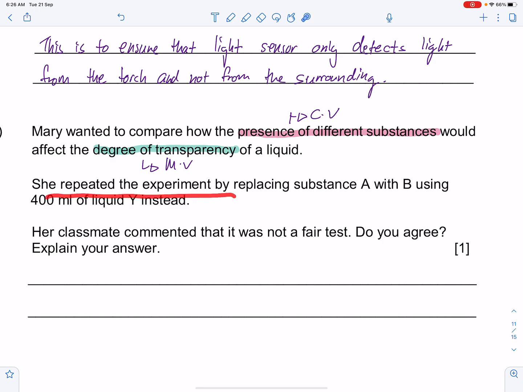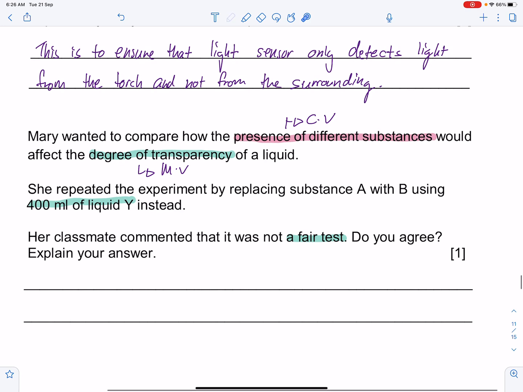She repeated the experiment by replacing substance A with B using 400 ml of liquid Y instead. Her classmate commented that it was not a fair test. Do you agree? So once again, fair test, there can only be one change variable, right? And the change variable in this case would be the presence of different substances, and that is your A and your B.